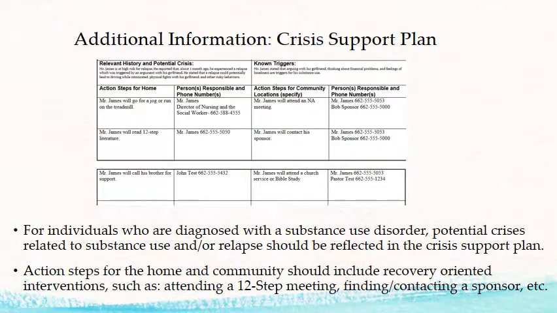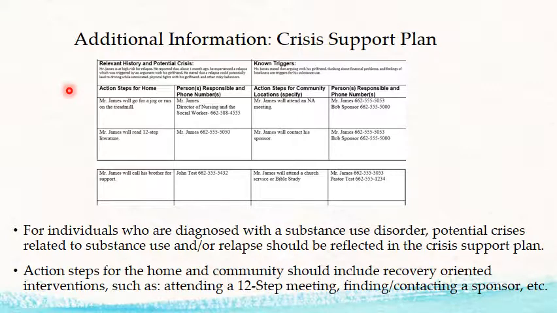Also on the crisis support plan, remember for those individuals who are diagnosed with substance use disorders, potential crisis related to substance use and or relapse should be reflected in the crisis support plan. Often we think about suicidal thoughts, aggression, things like that when we're making our crisis support plan. However, there is a very real risk for relapse when we are working with individuals diagnosed with substance use disorders.